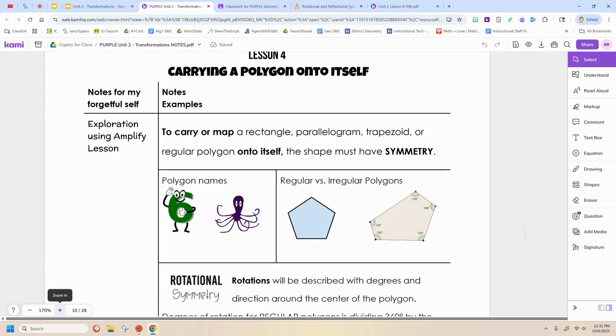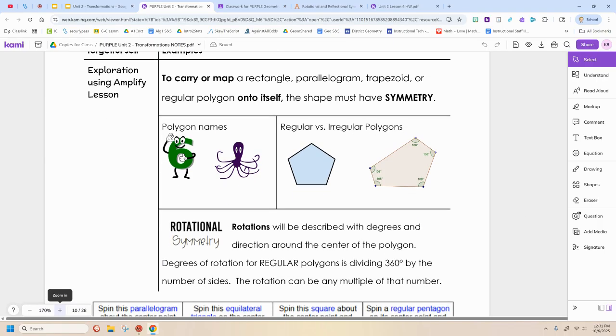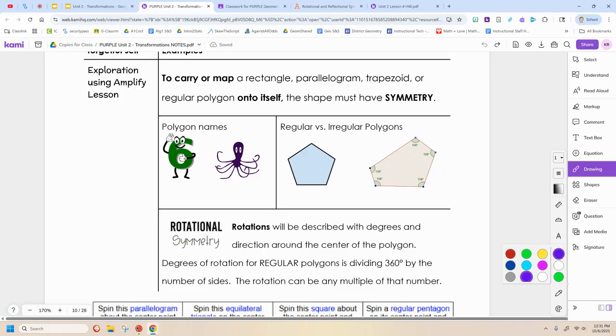So a couple of things for us to write down. You have to have some sort of symmetry to be able to carry on to itself. We need to know our polygon names. So 6-sided is a hexagon, right? So a hexagon is 6.